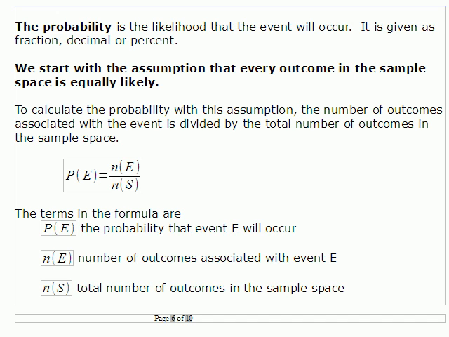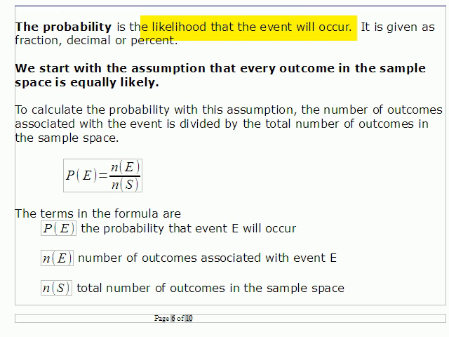So we'll define probability as the likelihood that the event will occur. As we discussed before, there's a difference between the frequentist approach and the Bayesian approach, but we all have to start at this point anyway, no matter what approach we take later. You give it as a fraction, a decimal, or a percent.